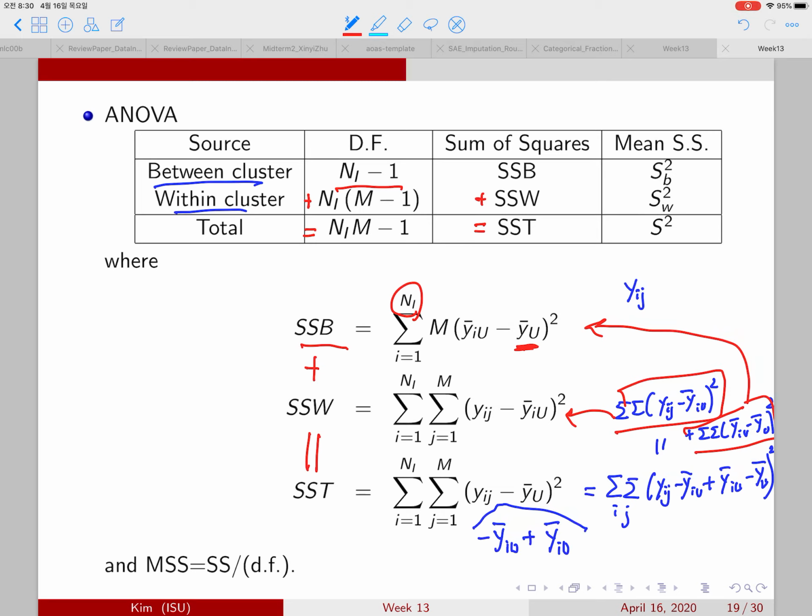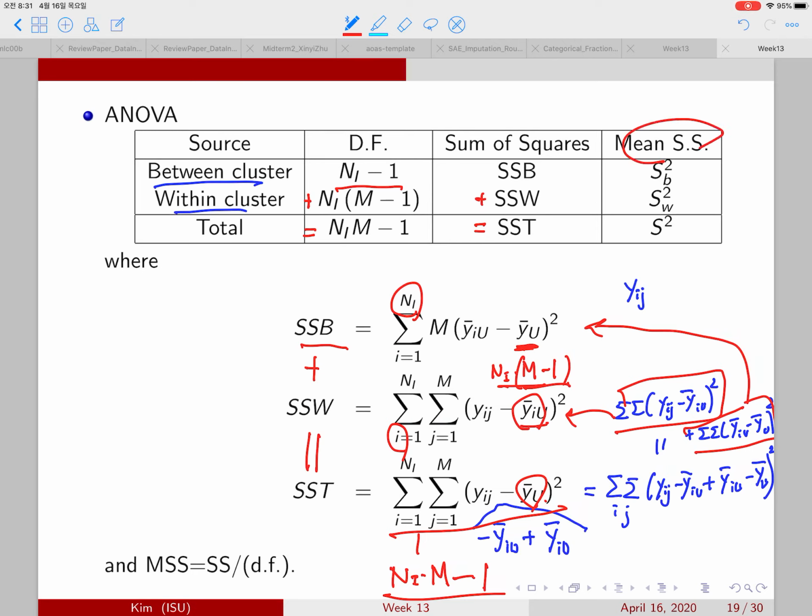And here you have N times m terms in the summation, but you have subtracted the mean for each i. So basically you need to subtract 1 for each i. So that's why you have this degree of freedom. Here you have N times m, but you have a single term, so it doesn't depend on i. So you just subtract 1 constant. So this is the degree of freedom.